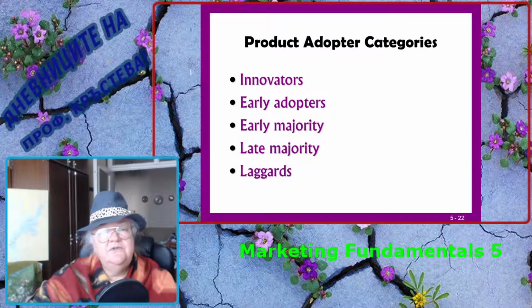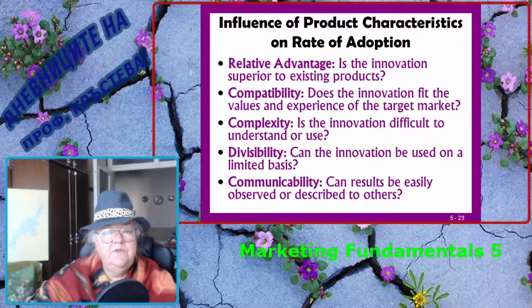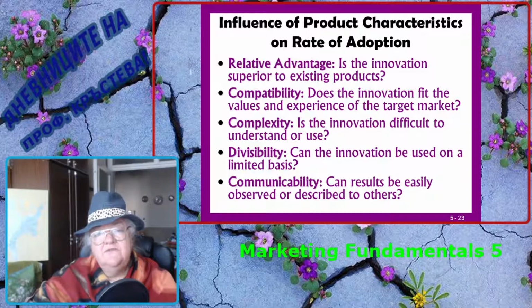There are several product adopter categories. The first one we call innovators. Next come early adopters, early majority, late majority, and laggards. What is the influence of product characteristics on the rate of adoption? Relative advantage: is the innovation superior to existing products?